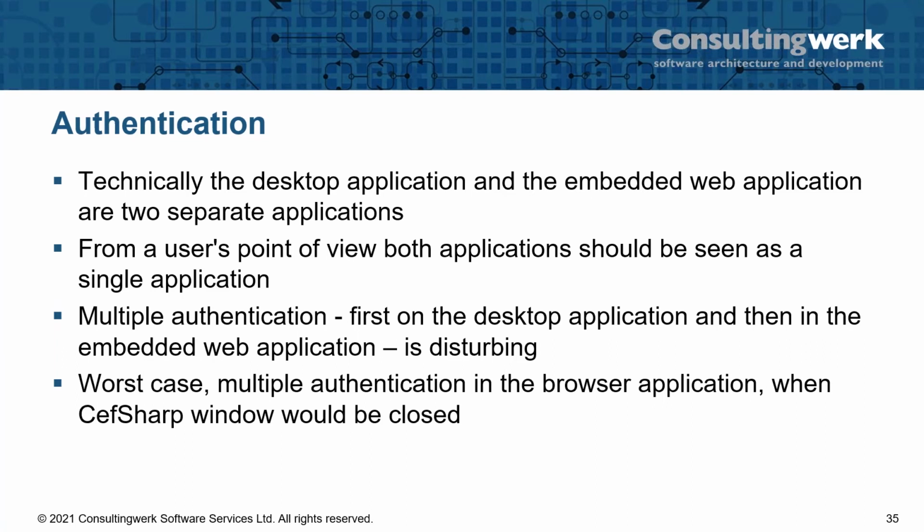But those are two different applications. So if we don't do anything about it, the user would have to log in to these two different applications as the same user. But from an end user's point of view, he would be saying, hey, this is one ERP system or whatever application. It's not my problem that you're implementing some of the screens as a web application and others not. So please provide me with only one login to the whole application.